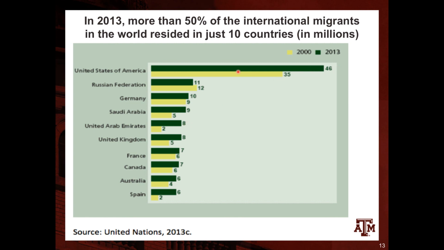But overall, 50% of all international migrants in 2013 were living in just these 10 countries, and you also see a really huge concentration of international migrants in the US.